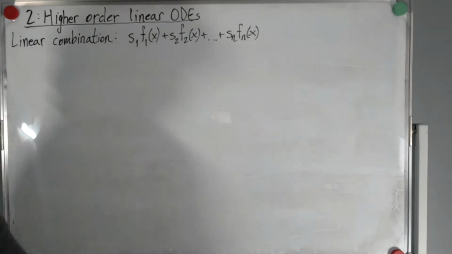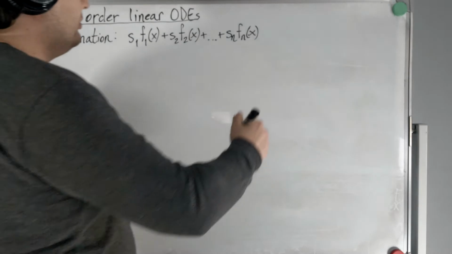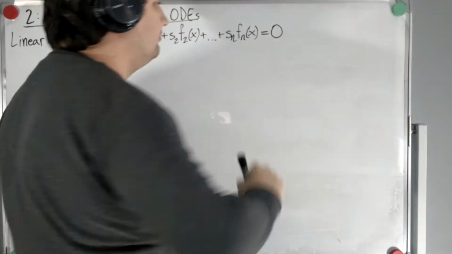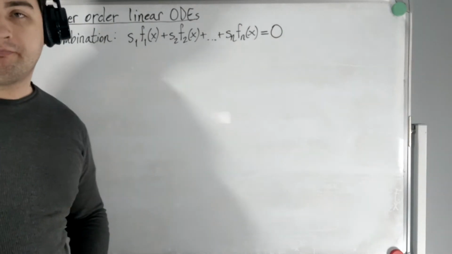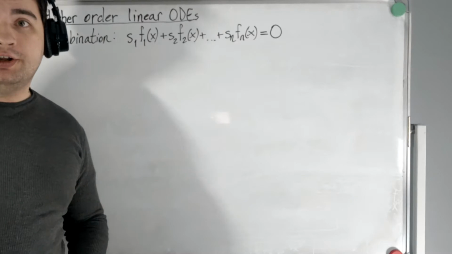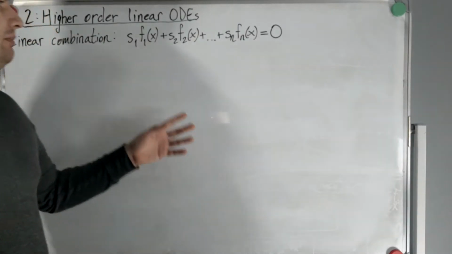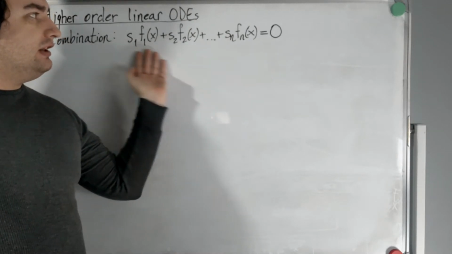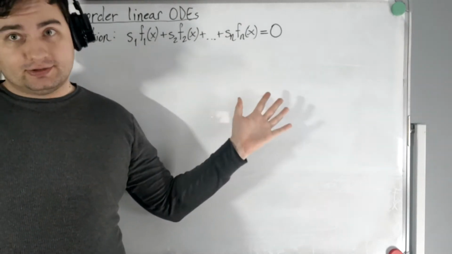Now, I want you to consider the following equation. This linear combination equals 0. Does that have any solutions? By solutions, I mean values for s1, s2, up through sn that make this equation true for all values of x.